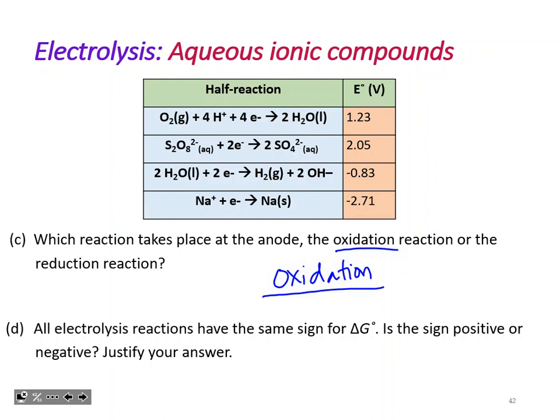And then D throws in some thermo with it. Electrolysis reactions have the same sign for delta G. Is the sign positive or negative and justified? So what do we know about electrolytic cells? Are they thermodynamically favored or not?